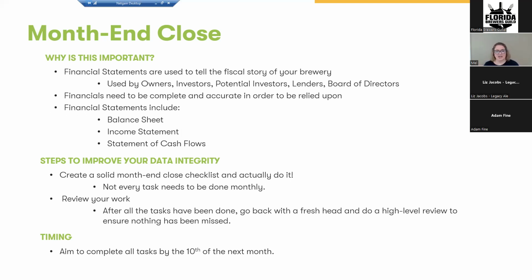In terms of timing, when we talk about month-end close, you should aim to complete all of these tasks by the 10th day of the following month. That is really just based on timeliness. The further you get away from the month end, the more that information is like a black hole, and the less likely you are to be able to resolve potential issues.